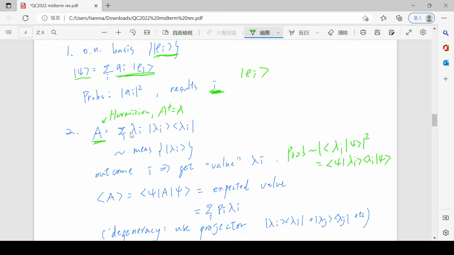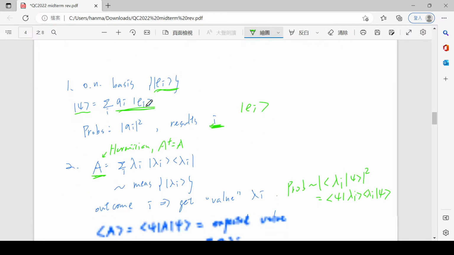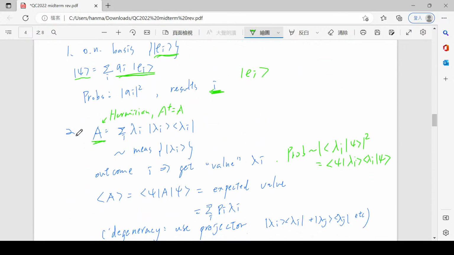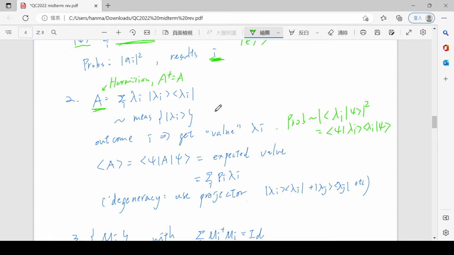Okay. And back to measurement. When we do a measurement on some Hermitian operator A, that's very similar to measuring on an orthogonal basis. You are basically measuring in the orthogonal basis of those eigenvectors lambda_i.